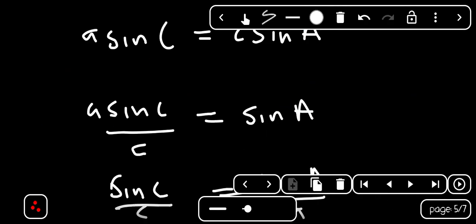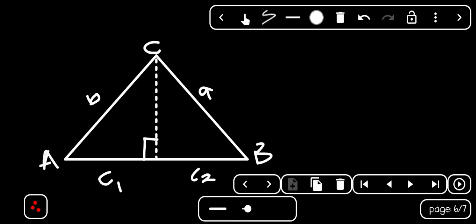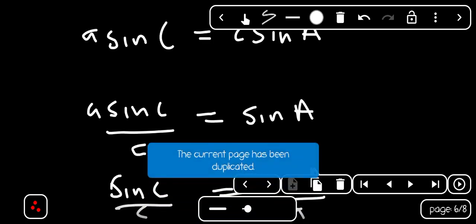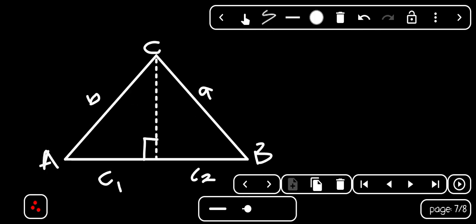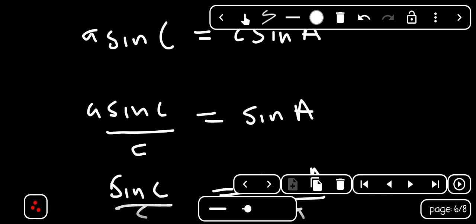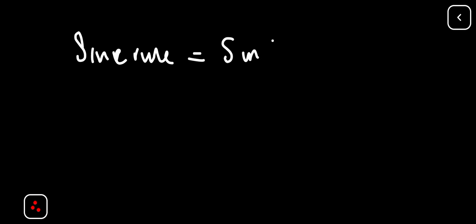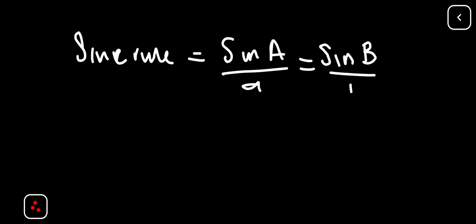So that means we can now write our sine rule. Our sine rule now becomes sine A over A is equal to sine B over B, and we've seen that.